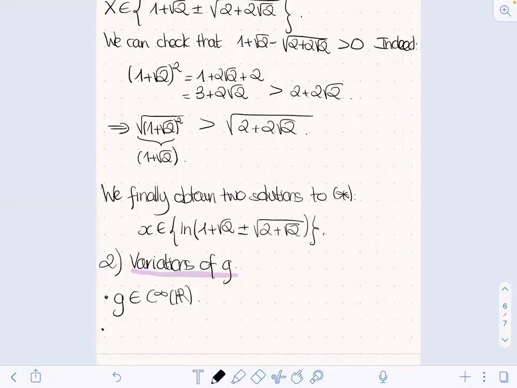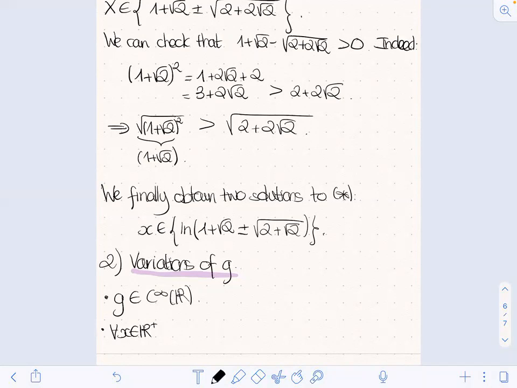Does g have any parity properties? Yes, it is even, because the square of a function is even, and the hyperbolic cosine is even. Absolutely, you're right on that.